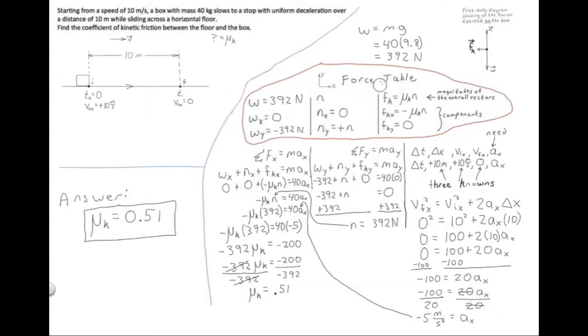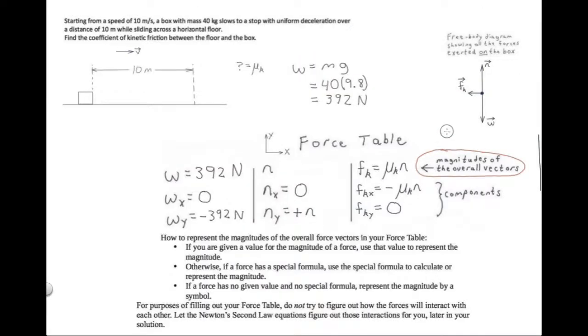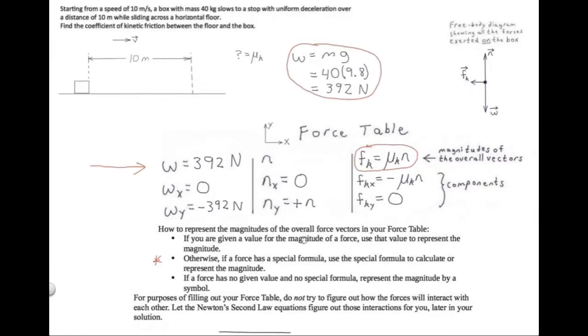Now, let's work on the force table. We begin by representing the magnitudes of the overall force vectors in the first row of our force table. We do have special formulas that we can use to represent the magnitude of the weight force and the magnitude of the kinetic friction force. When we're working with this formula for the magnitude of kinetic friction, we do not have a specific number yet to plug in for mu sub k.